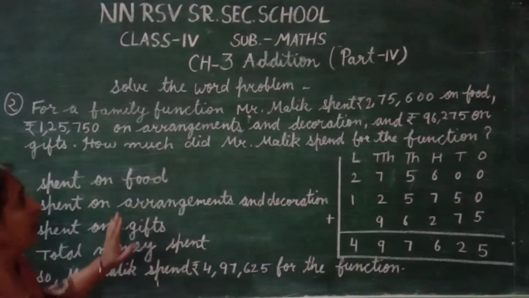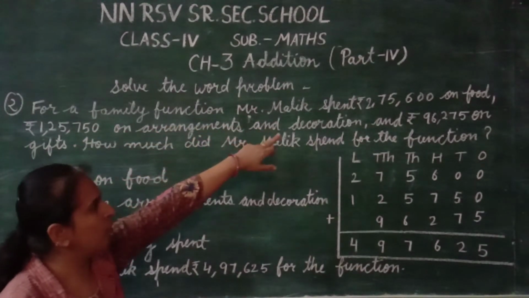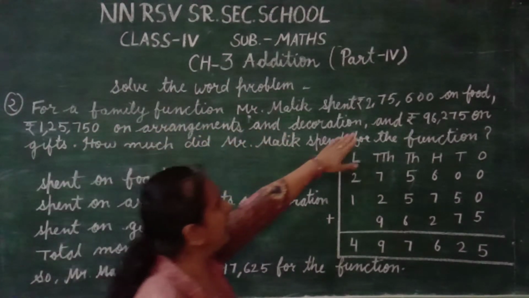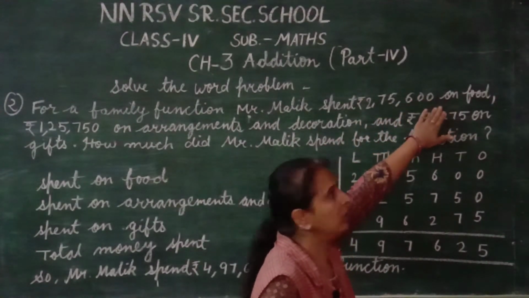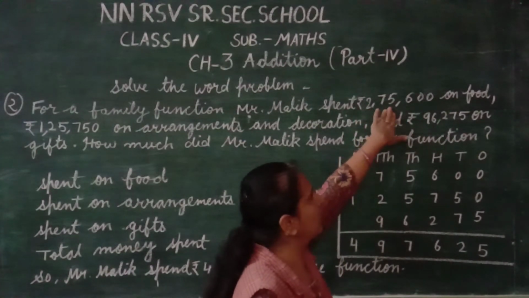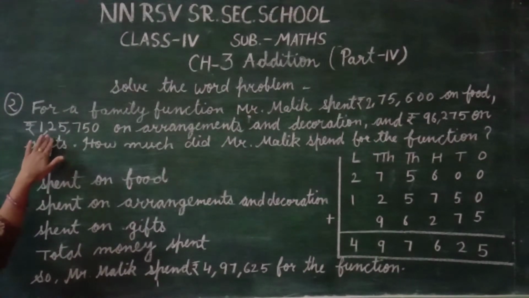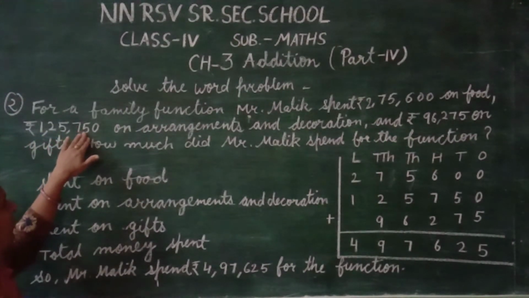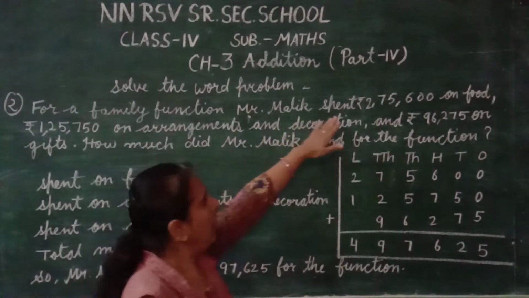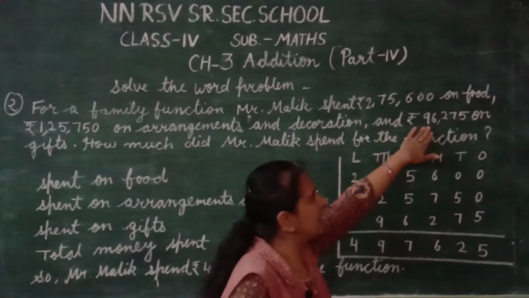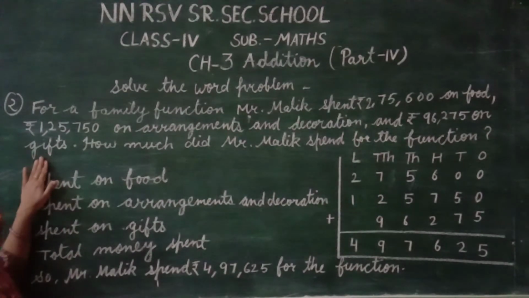Yes, the next word problem. For a family function, Mr. Malik spent rupees 2,75,600 on food, rupees 1,25,750 on arrangements and decoration, and rupees 96,275 on gifts.